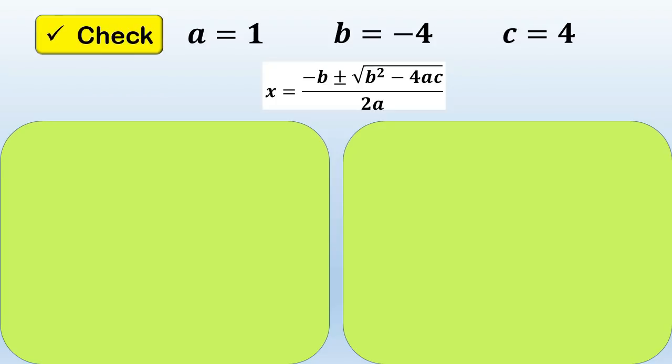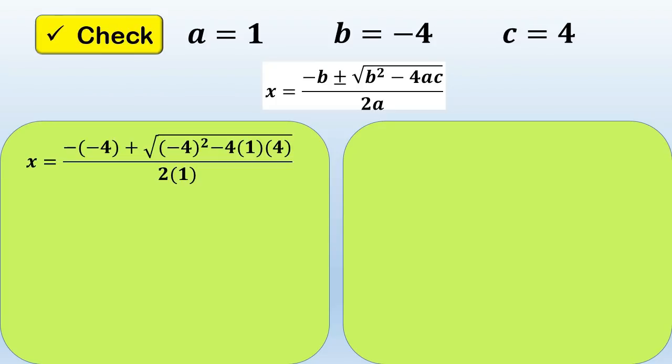It will become negative times negative 4, which is the value of b, plus square root of negative 4 squared minus 4 times 1, which is the value of our a, times 4, the value of our c, over 2 times 1. Negative times negative 4, so it will become equal to positive.